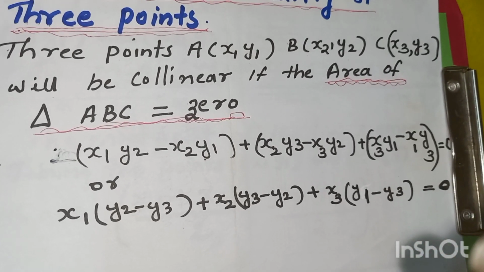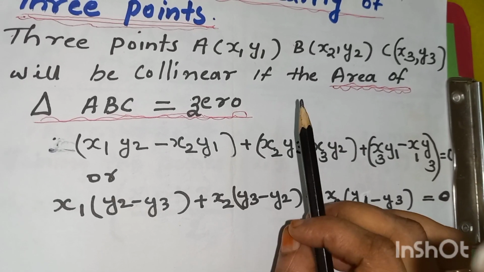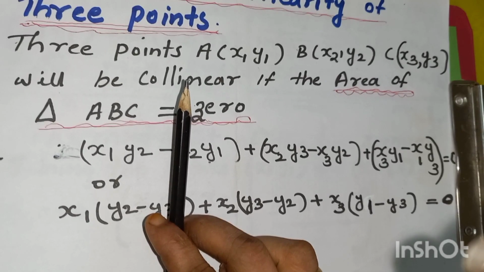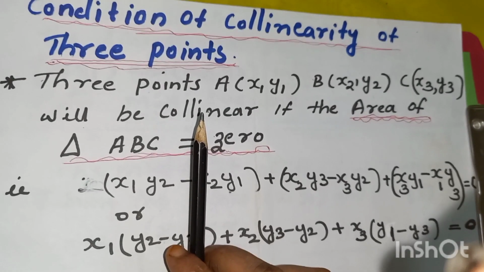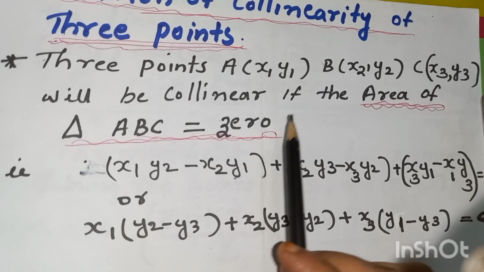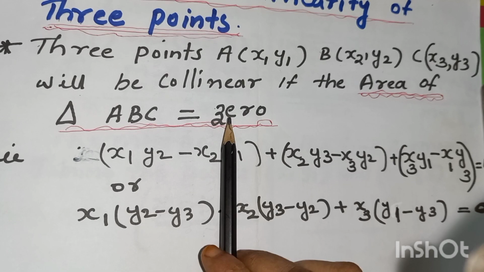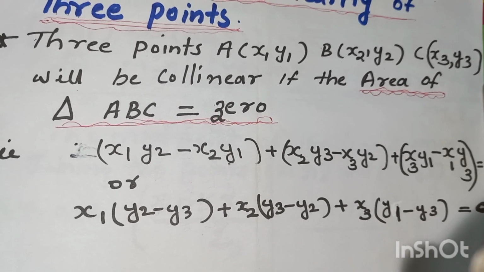We already know that if this is equal to 0, we can say that the 3 points are collinear. 3 points are collinear when the area of triangle ABC is equal to 0. If the area of triangle ABC is equal to 0, we can say that these points are collinear.